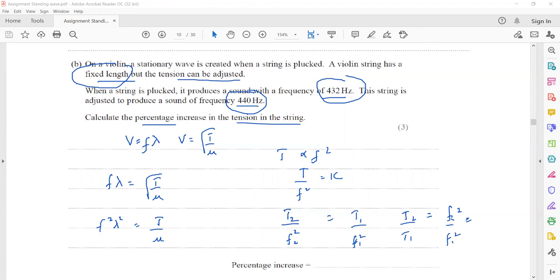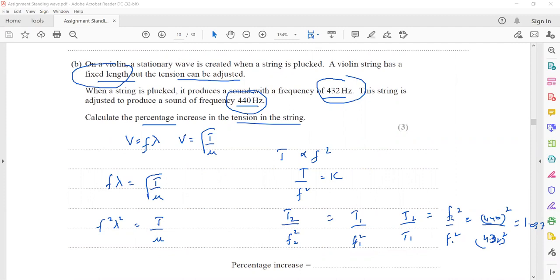So F2 squared, that is 440 divided by 432, squared, we get 1.037. So the ratio has changed to 1.037.